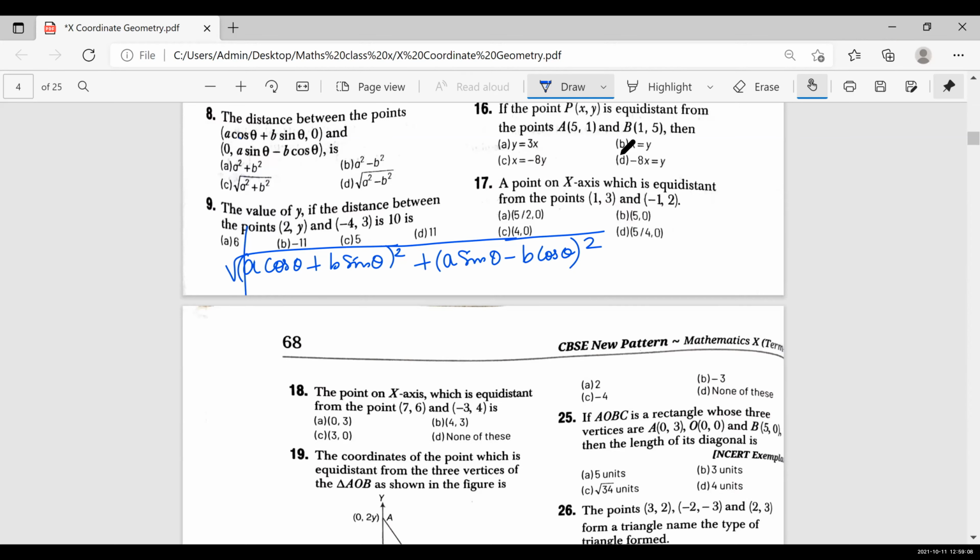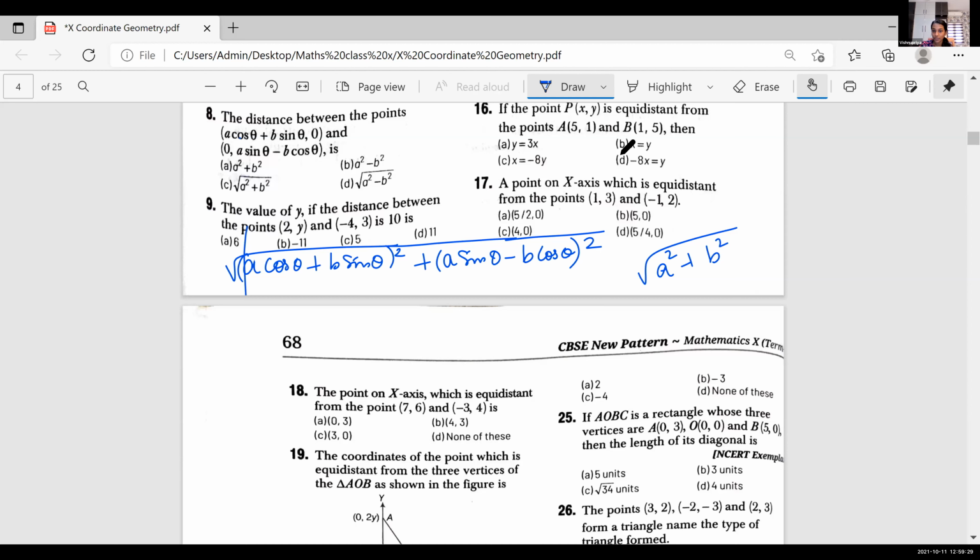Now, Vishnupriya, is it possible to cancel root and square now? If it is like this, root of a square plus b square, is it possible to cancel?